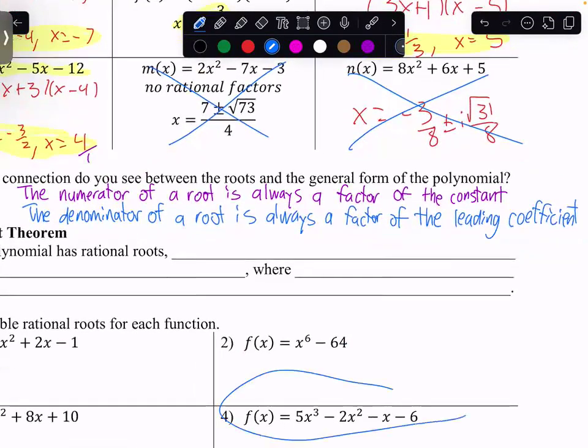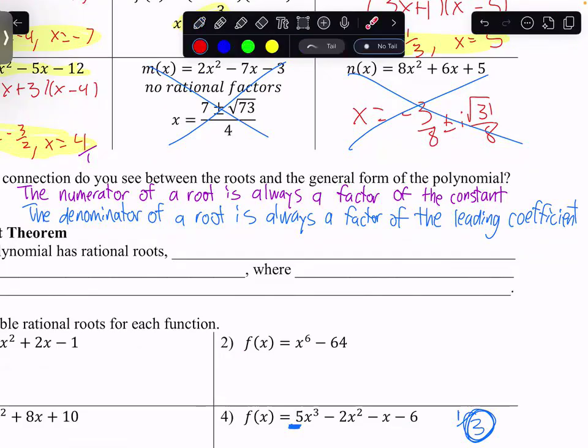So again, if we look down here for a second, let's say that I got an answer of 1/3. I would know that this cannot possibly be right because the denominator of 3 needs to be a factor of the leading coefficient, which for this problem is 5. But 3 does not go evenly into 5, right? So that cannot possibly be correct. These two patterns together are very useful to us because they really narrow down the possible options for what the roots could be.